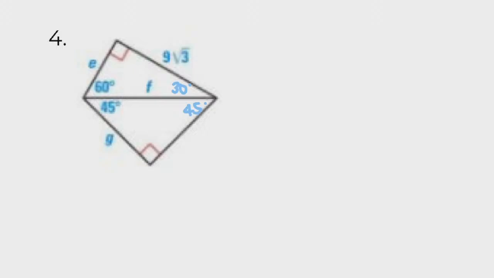So that means E, which is across from the 30, would be 9 rad 3 over rad 3. So if we divide by rad 3, we'll get what E equals, which means E = 9. And F is going to equal 2 times E. So that means this is 18. So this is 9, this is 18.